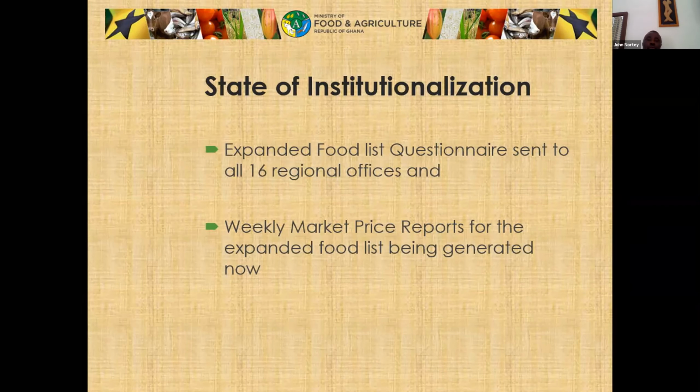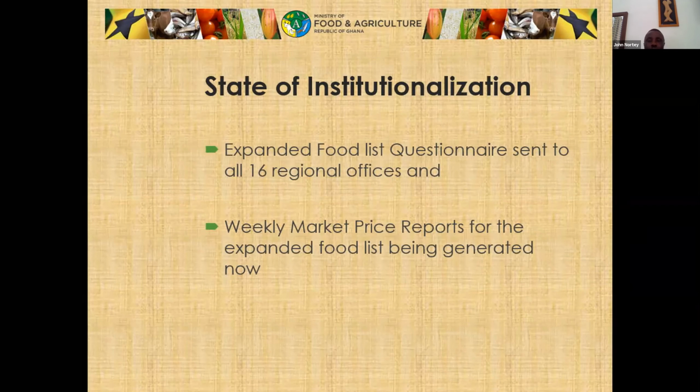We just needed to sensitize the enumerators, but the challenge we had was getting the enumerators to buy into it because of the number of commodities they now have to cover. In total, currently, we're covering about 71 commodities on our data collection list.